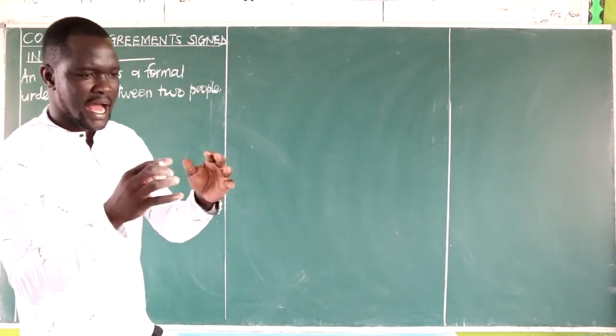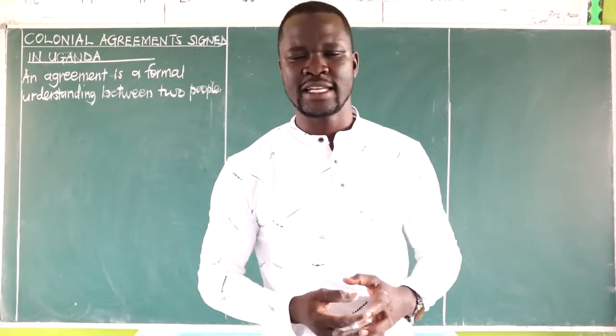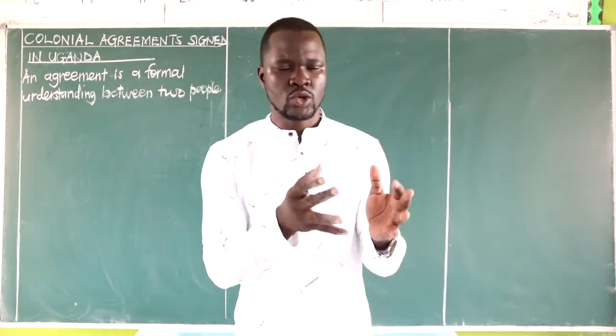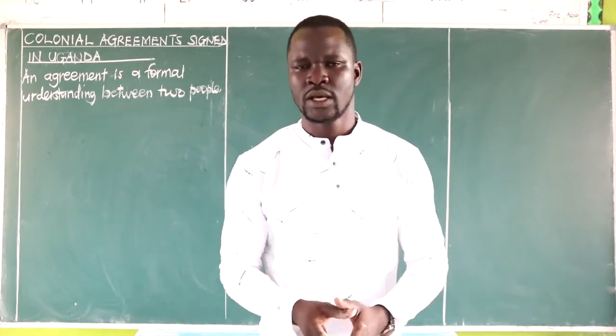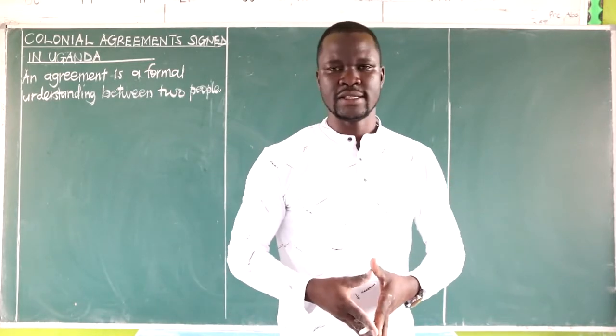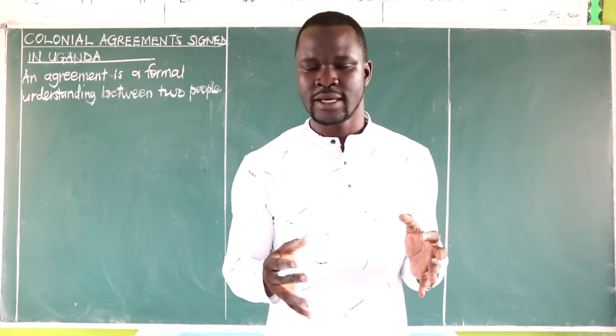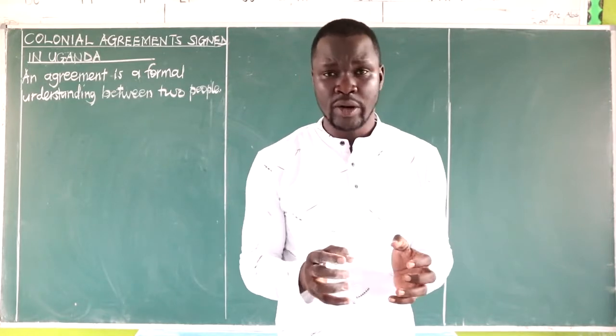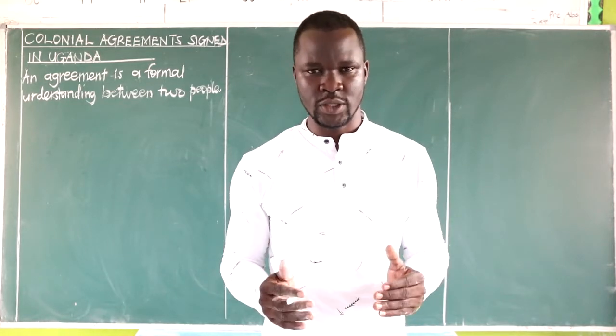It can be a mutual understanding between two people, between two companies, between two bodies, whatever. So it means that two people, for this case, come together to agree on certain terms and conditions.